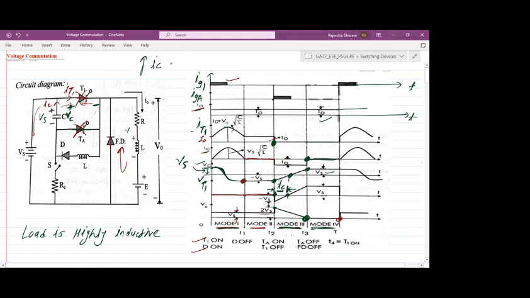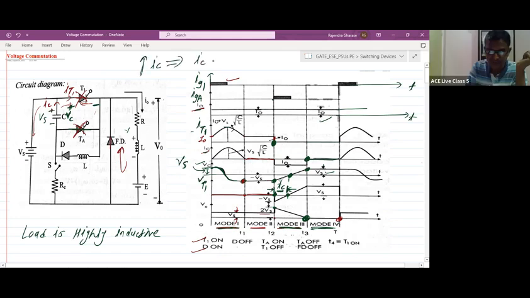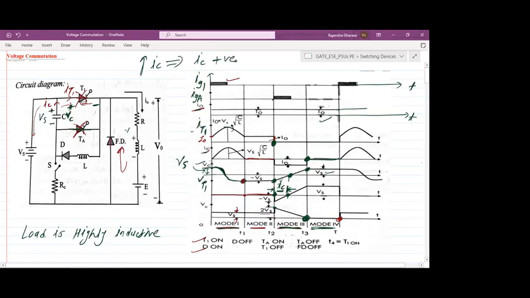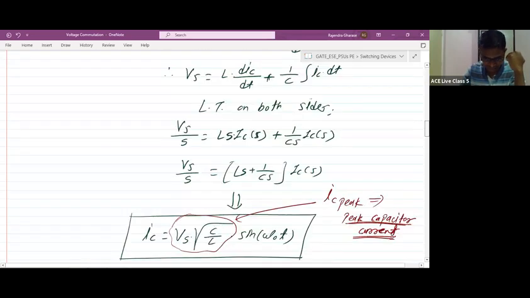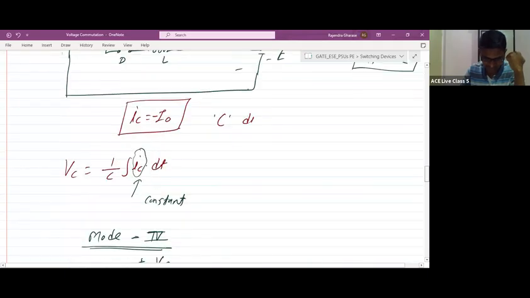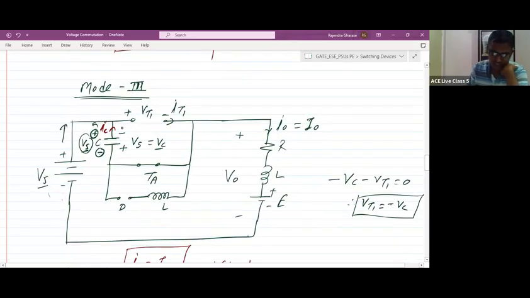IC upward means IC positive. But actually during mode 3, what is happening? You can check the circuit during mode 3. Here it is. This is the upward direction, which means IC positive.